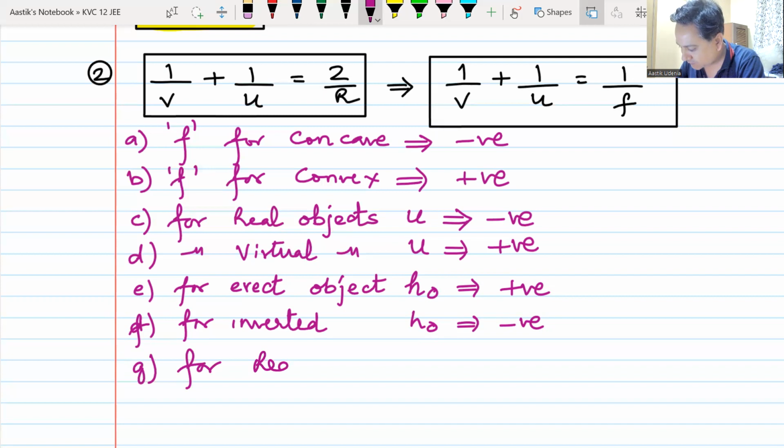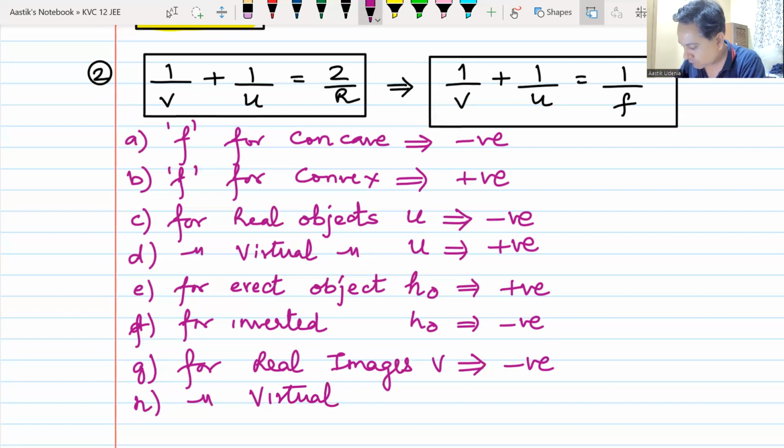For real images, let us talk about v. A real image, which side will it be formed? Negative. Yes. Well done. For virtual images, positive.